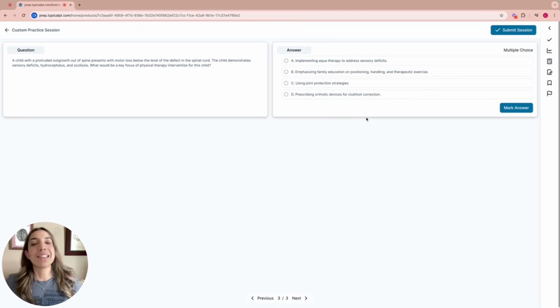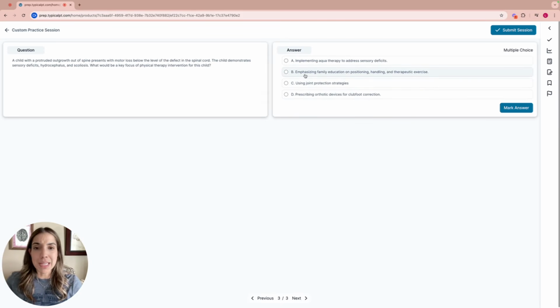Now, here we see a bunch of interventions that can be appropriate, but which one is the best one? So, aquatic therapy, yes, can be a good focus in someone's rehabilitation in spina bifida, but it doesn't seem to be the key focus in the physical therapy intervention for this child.